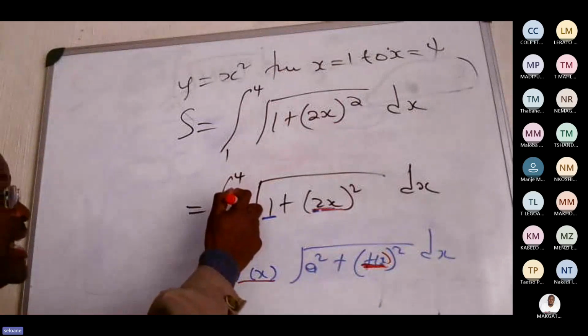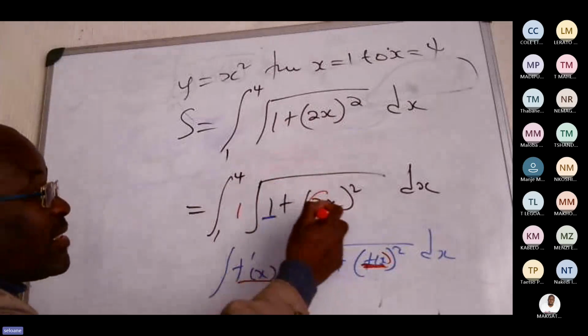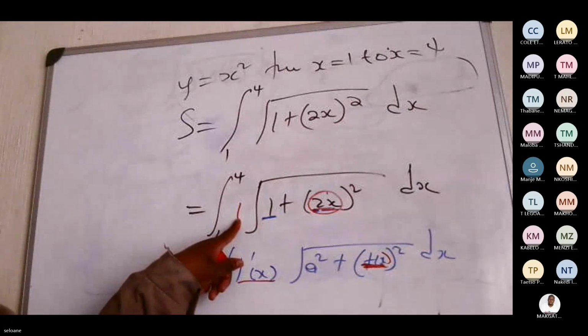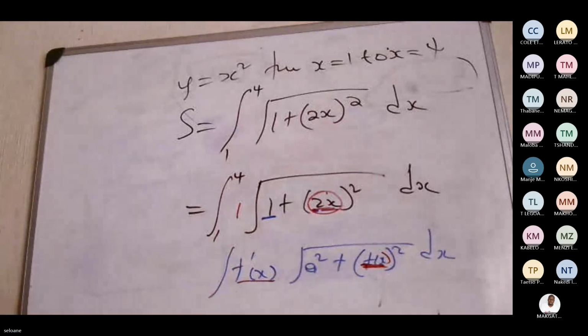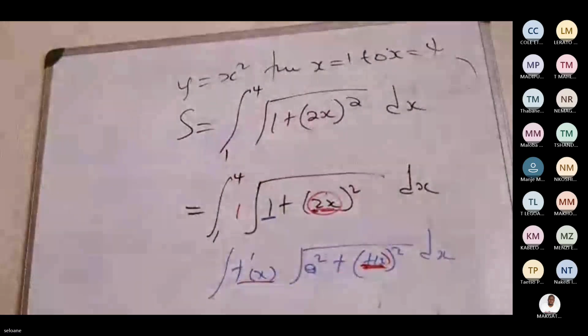And don't forget, here there is 1. If you differentiate this, you are going to get 2. We compare that 2 and what is here, and you can see they differ by a constant factor. You can multiply one by a real number and get the other one.